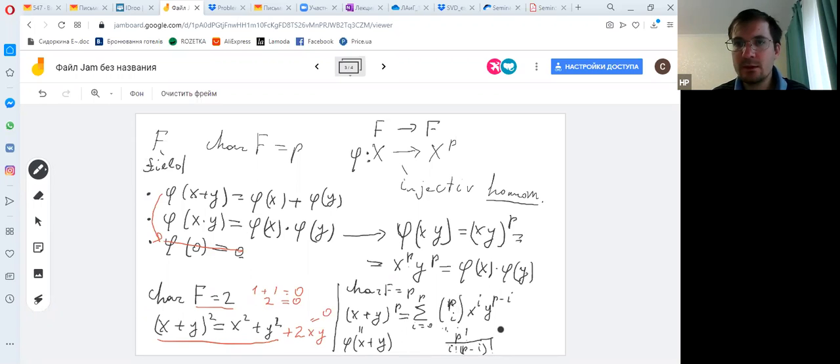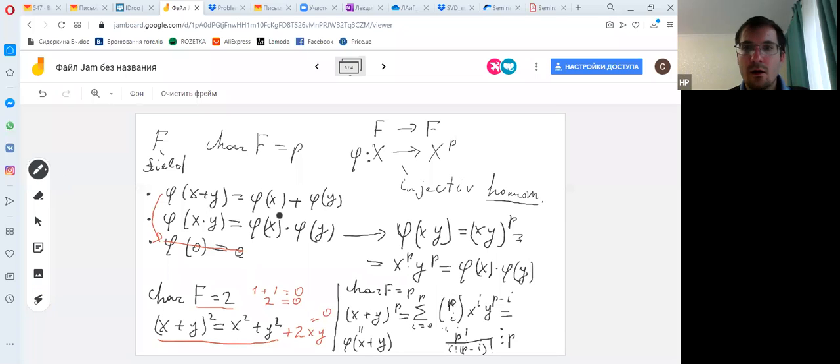It is divisible by p in all cases when i does not equal 0 or p. So all these elements except the first and the last are divisible by p, and in our field, since the characteristic equals p, then p equals 0.